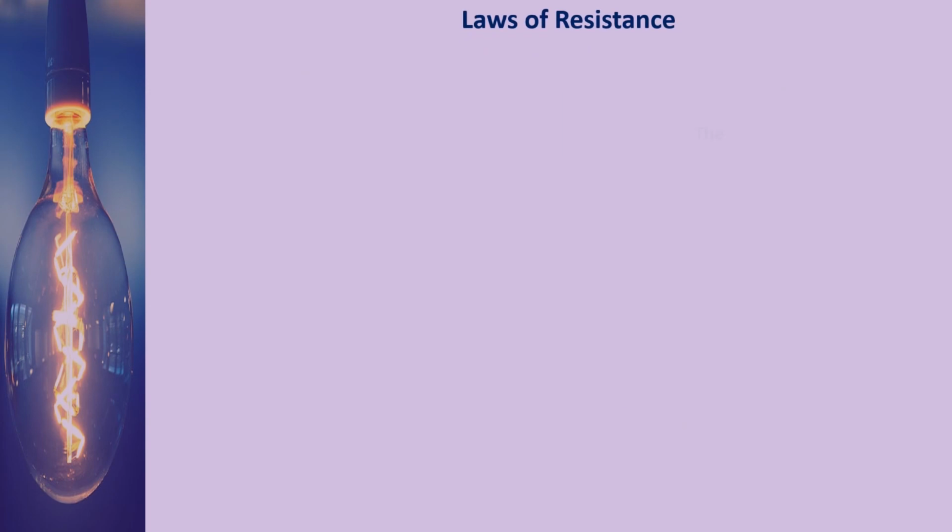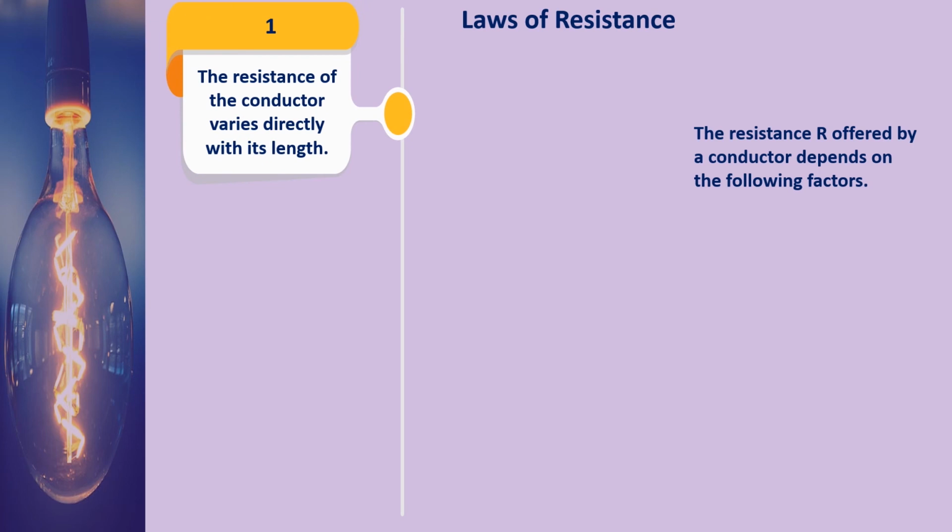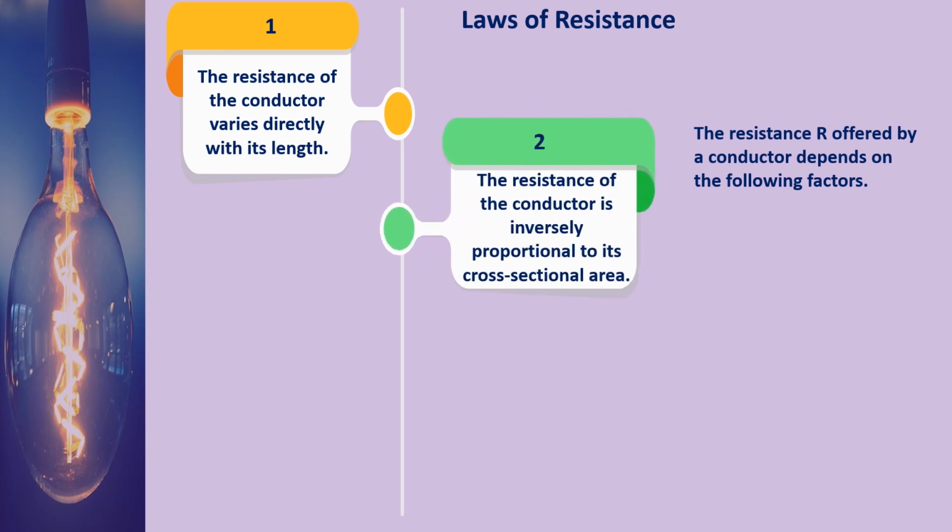Law of resistance. The resistance R offered by a conductor depends on the following factors. The resistance of the conductor varies directly with its length. The resistance of a conductor is inversely proportional to its cross-sectional area.